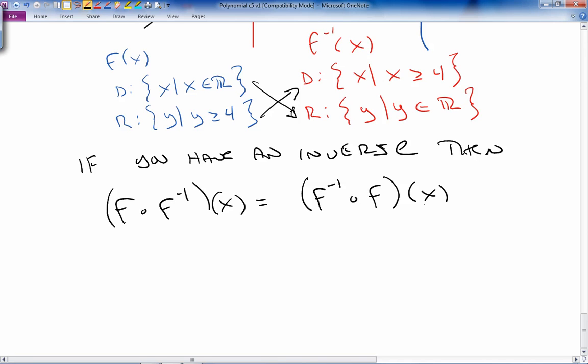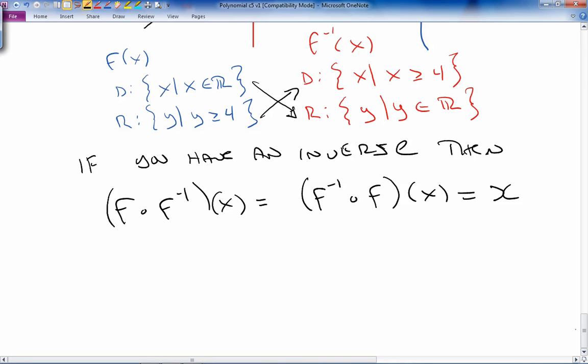When you put the two functions inside of each other, doesn't matter which one inside of which one, you will always get x. Function moves 2 steps back, inverse moves 2 steps forward. You're back where you started.